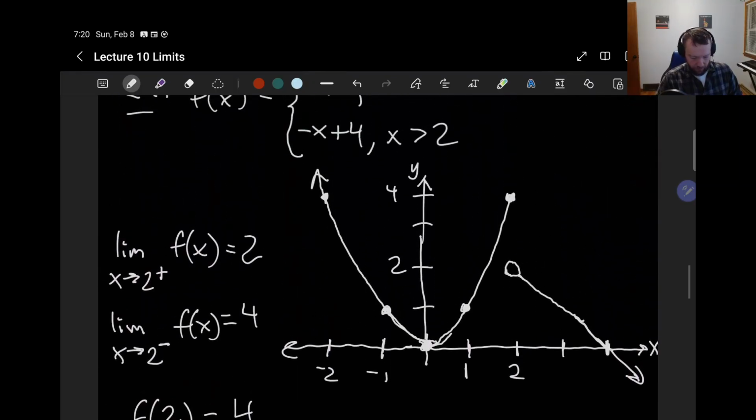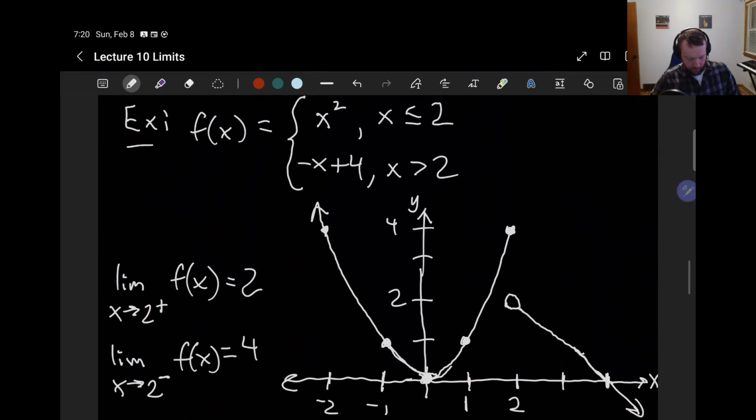If we look at that for a second, coming in from the left, we have a height of 4. Coming in from the right, we have a height of 2. Because of that difference, there is no plain old limit as x approaches 2.